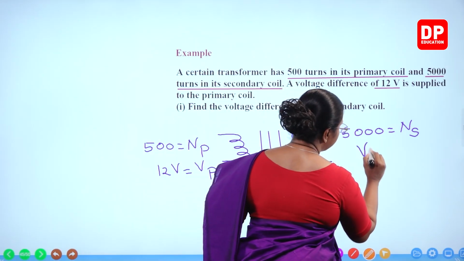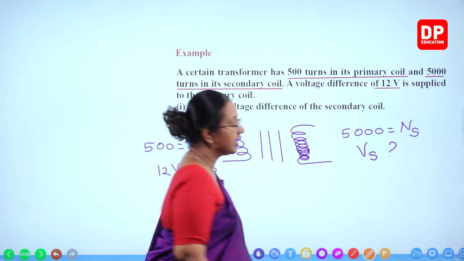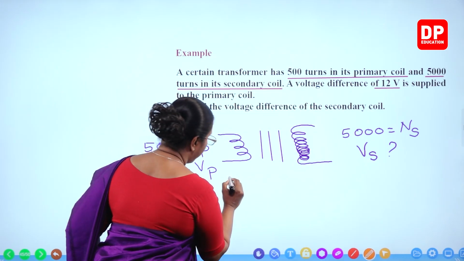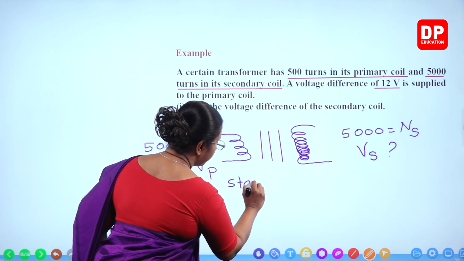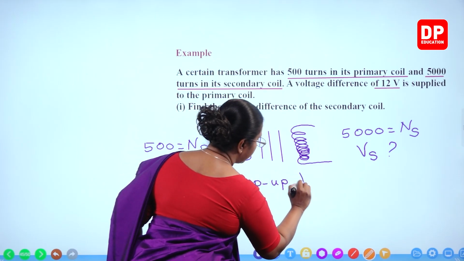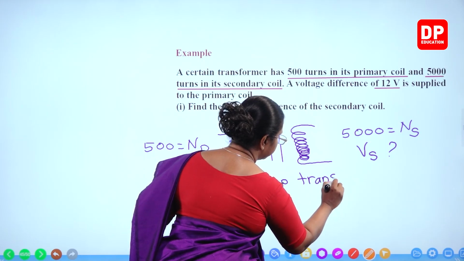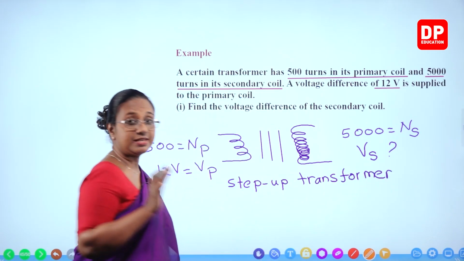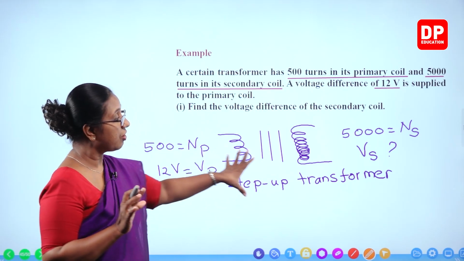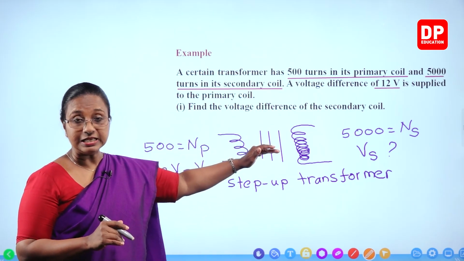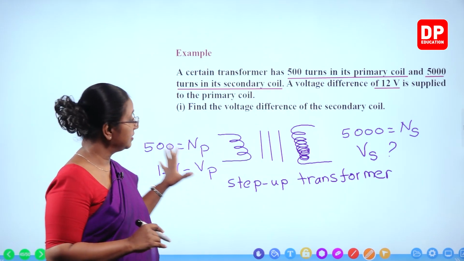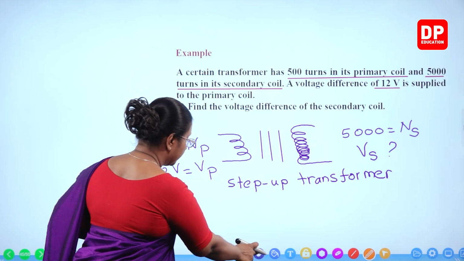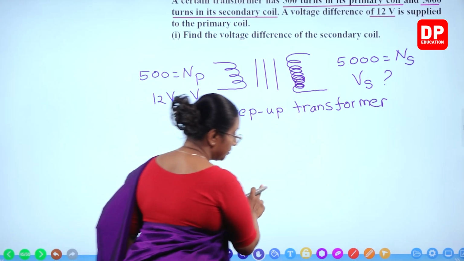We need to find the voltage difference of the secondary coil. So that is a step up transformer. Students, like I told you, you don't have to draw all these just to calculate the voltage difference, but this is for you to understand. So this gives a clear picture. Then, what is the equation we use?